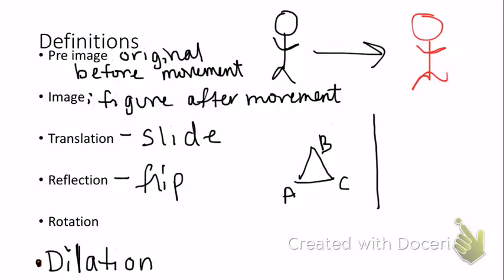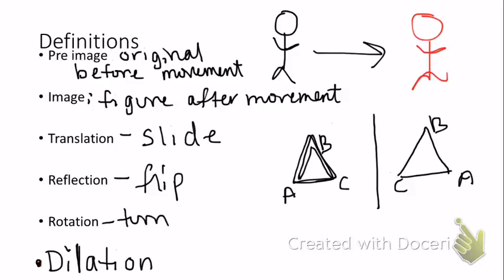If you were to write something down and show it up in the mirror, it turns out backwards when you look at it in the mirror. So that would be a reflection if we flip it over. These two triangles should be exactly the same in size and in shape, so forgive my drawing a little bit here. Rotation is a turn.